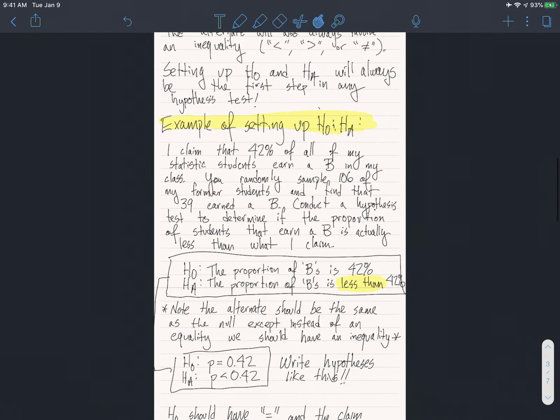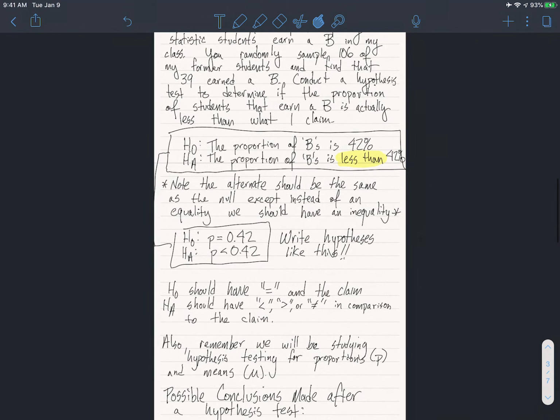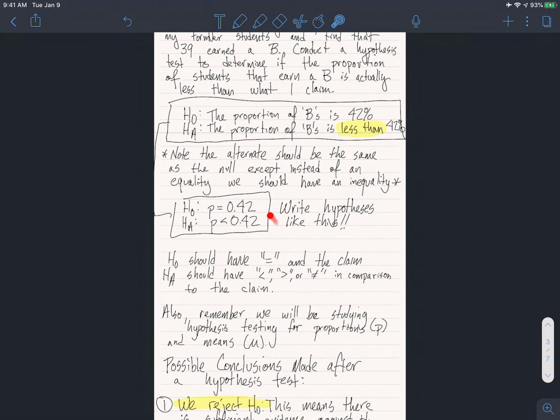Then you can set up those hypotheses, showing them as math statements. The null is going to show the claim, so the claim is that the proportion is equal to 42% in this case. And then the alternate will be the same exact statement mathematically, it's just that the symbol changes in between.